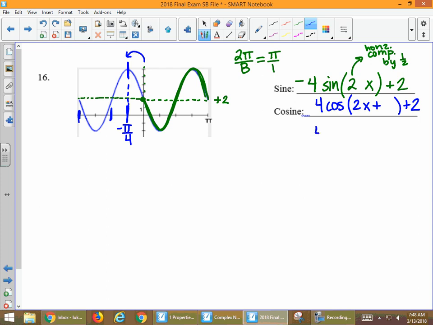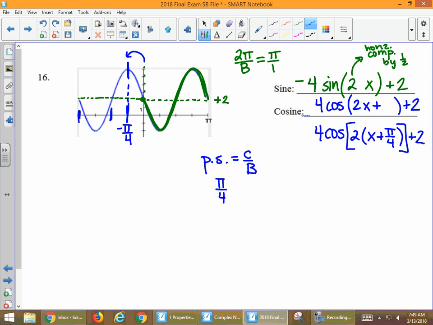So if you decided you really like that situation with the extra parentheses, you can put that pi over 4 in and done. If you like the phase shift equals c over b, that's awesome too. Here our phase shift is pi over 4.